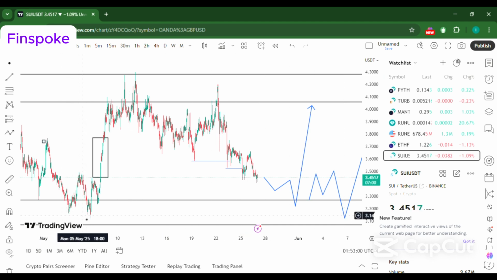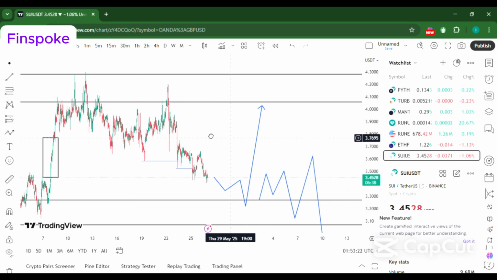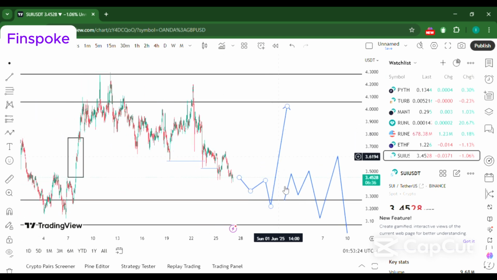These are equal lows. Please, whenever you come across equal lows and equal highs, always be patient and wait for the market to take it out, so that you don't get trapped, and see the direction of the market before you take a position. So this is what we are likely going to have.